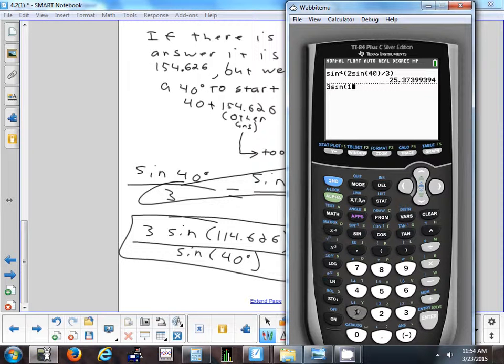So 3 sine. I'll come back in a second and show you what happens if you don't close that parenthesis. So 114.626 divided by sine 40. So 4.243.